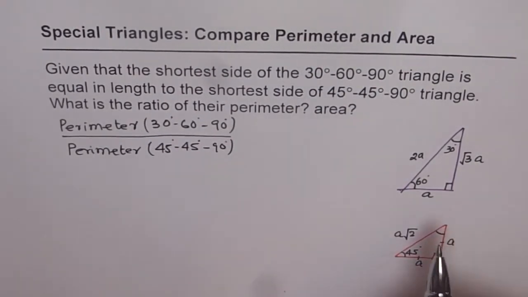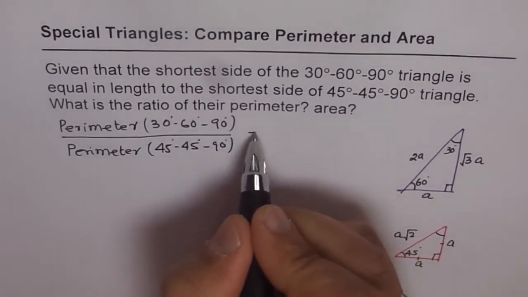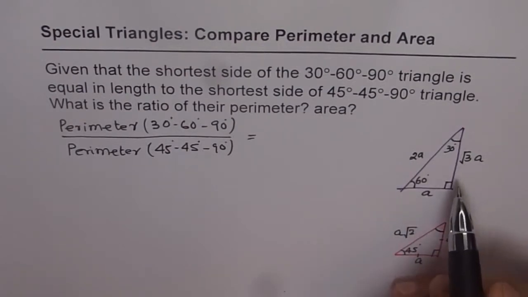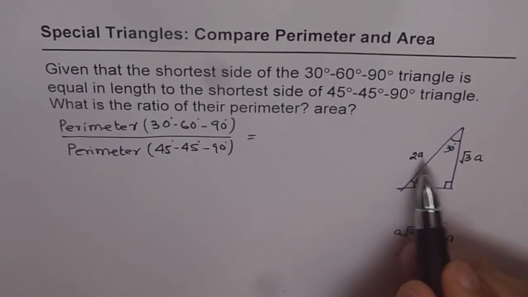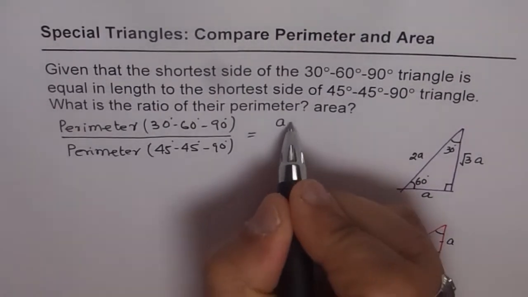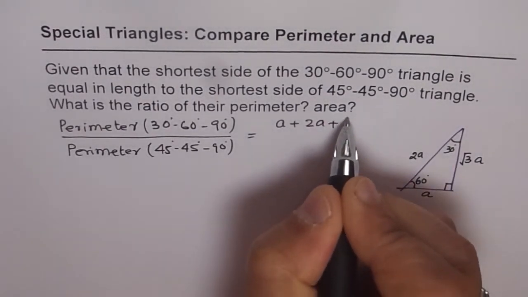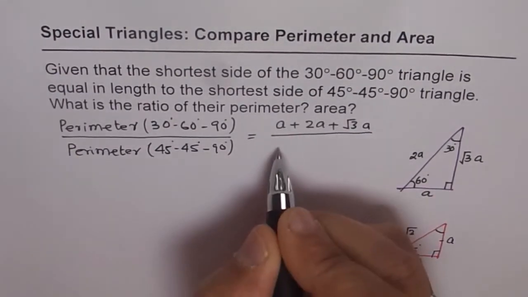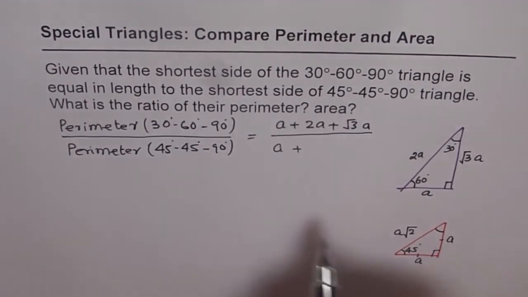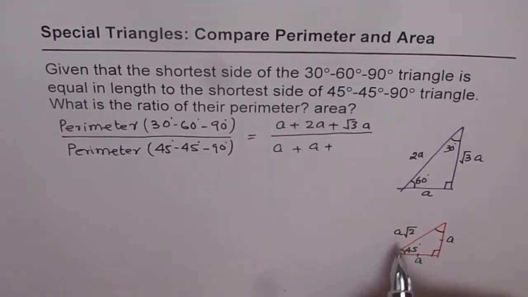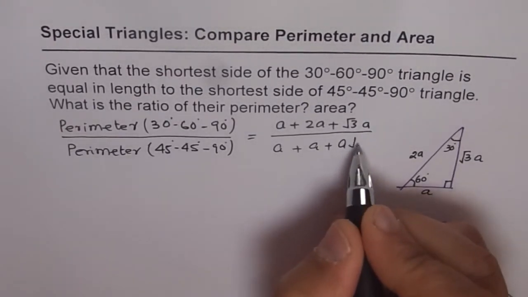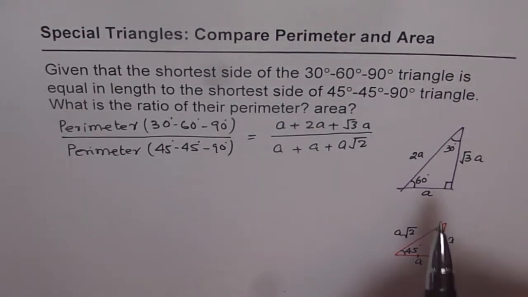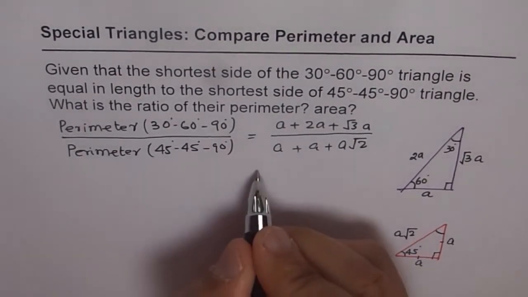Let's do that. So as you can see, what is the perimeter of these? Perimeter is the sum of these three sides, right? It is A plus 2A plus square root 3 A. And for the 45 degree triangle, we get A plus A plus square root 2 A. So that is the ratio of their perimeters when the shortest side is the same, which you can simplify.